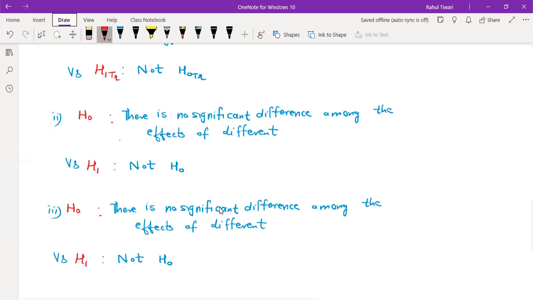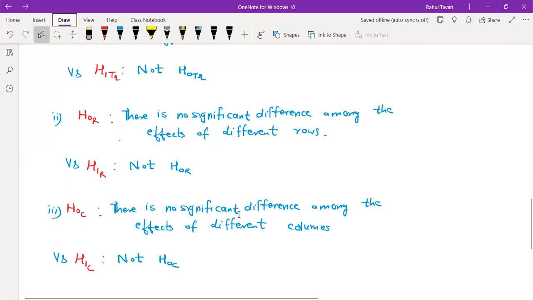So this one is for rows, this one is for column. With this, your hypothesis is now ready.